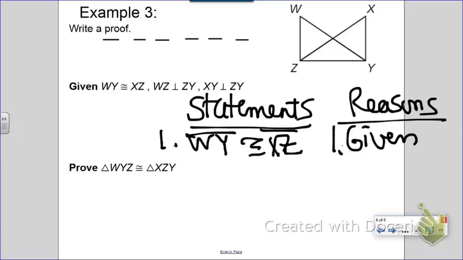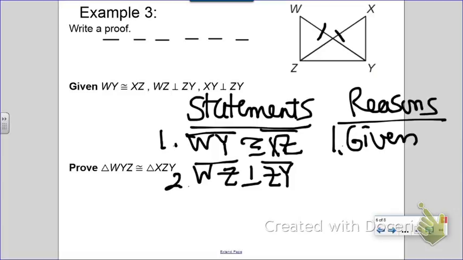So WY is congruent to XZ. Our second given is WZ is perpendicular to ZY. Remember, that's not a congruent statement.